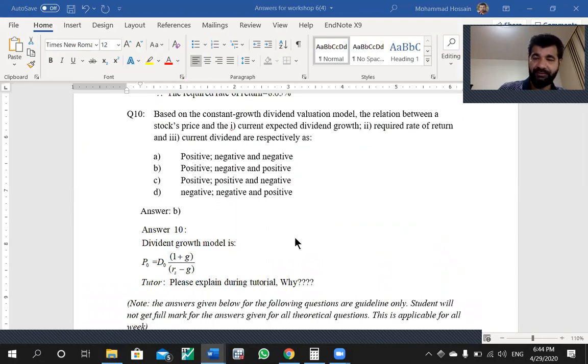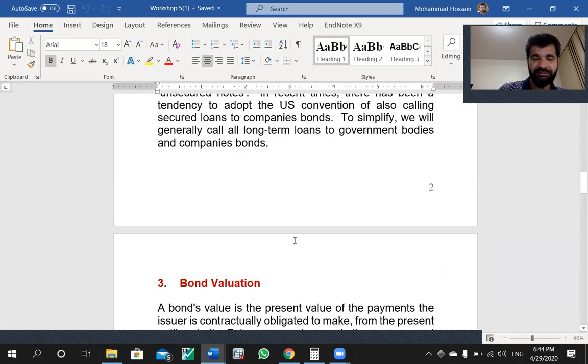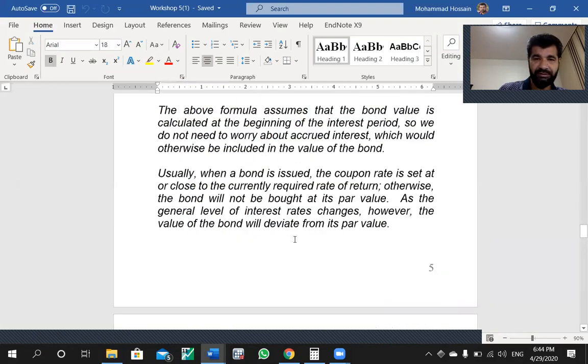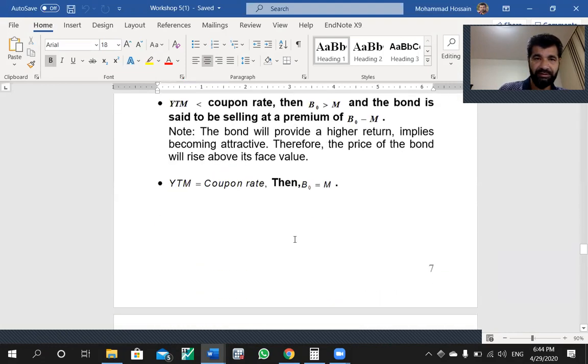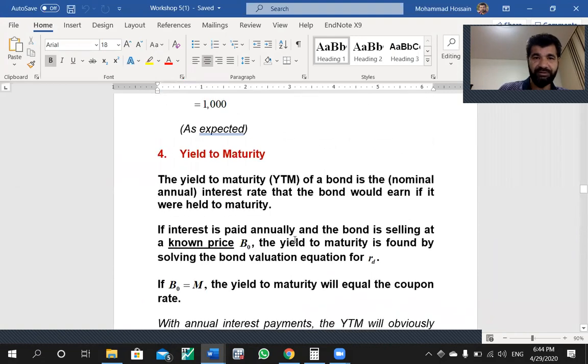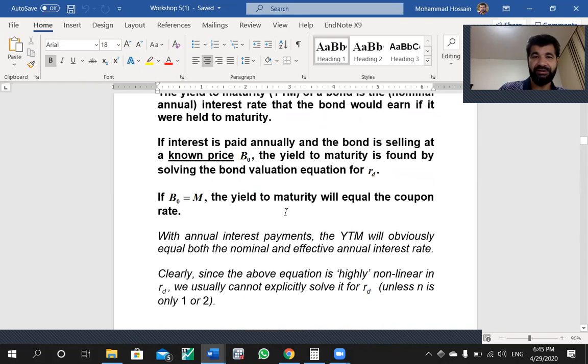The Gordon model you're talking about. And someone asked me about yield to maturity. Yield to maturity of a bond is the nominal annual interest rate.